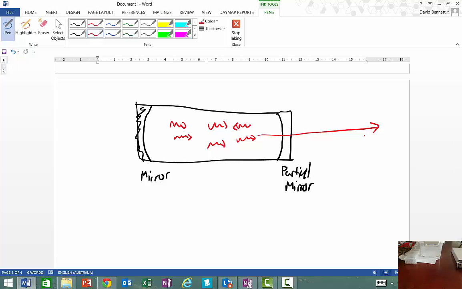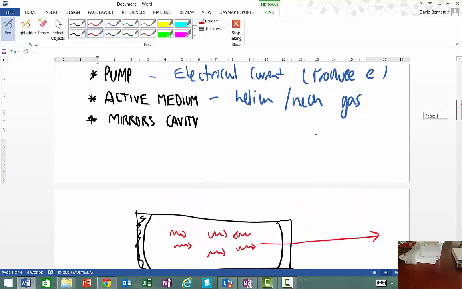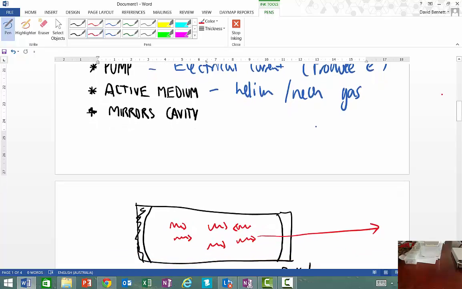Okay, so remembering all of these particular photons are going to be bouncing back and forth in that mirror cavity. Alright, so they basically have the same wavelength and have the same phase. Alright, so that's what's really important about lasers. Alright, so our mirror cavity is an important part of that process.